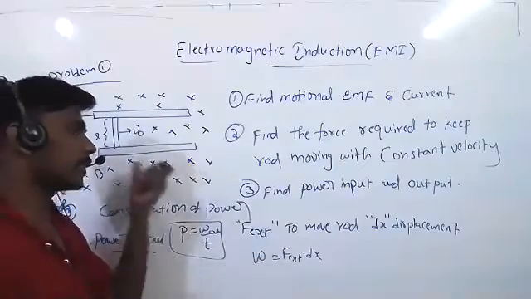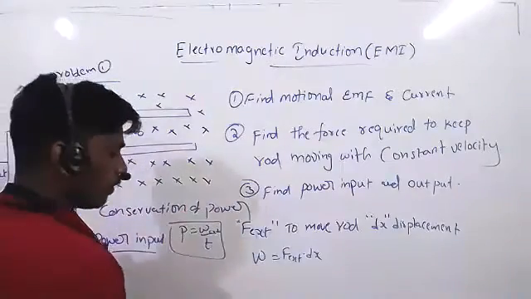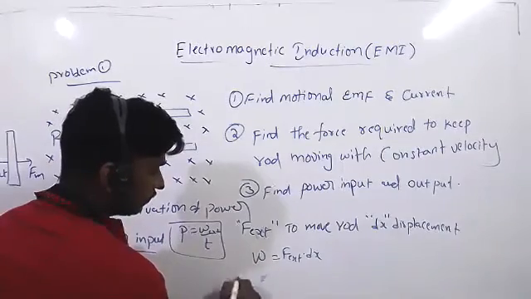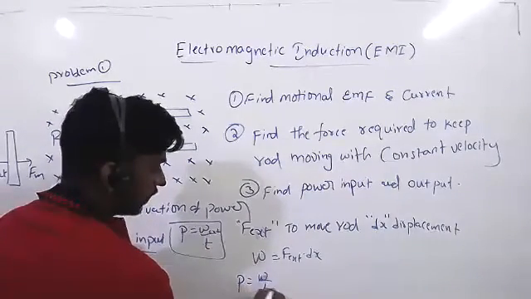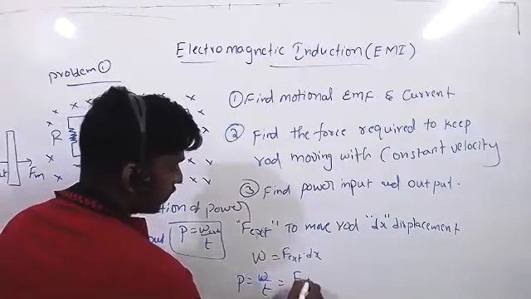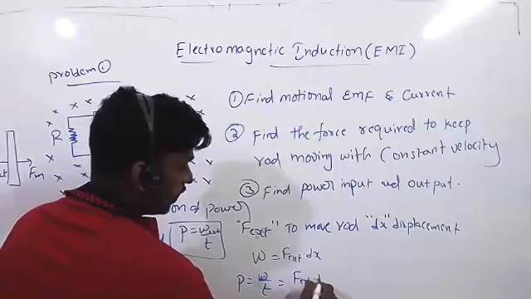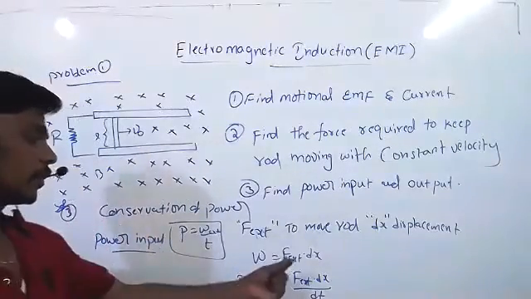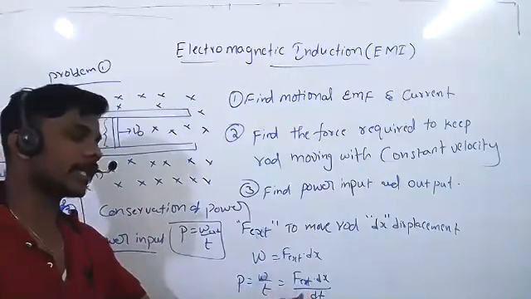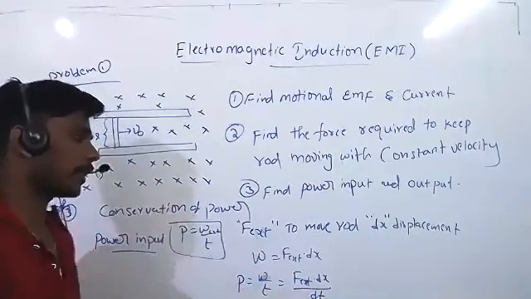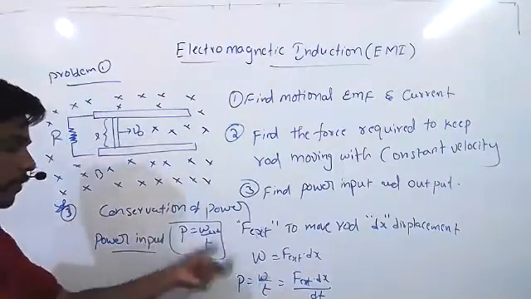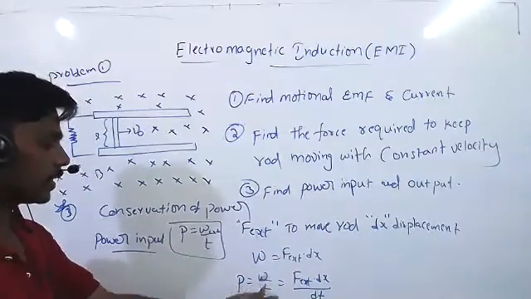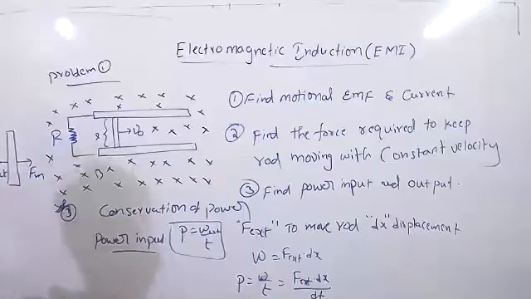Now power equals work by time, so power equals W by t, that means F external into dx by dt. To displace by a small dx, a small time dt is taken. So we are calculating instantaneous power, how much power we have given. Power is equal to W by t, where W means force external into dx, divided by dt.